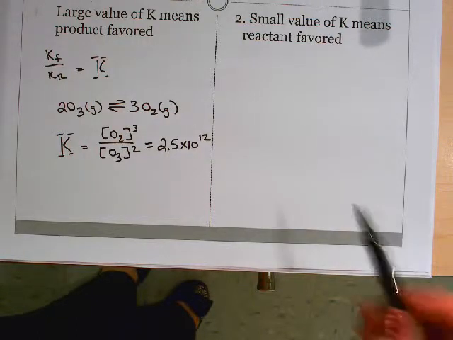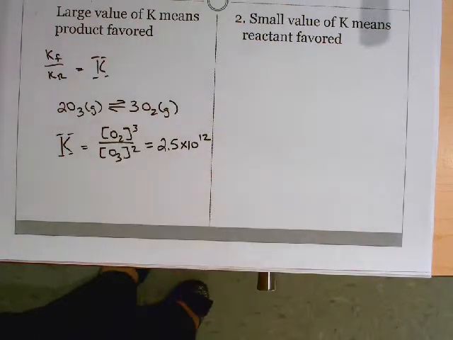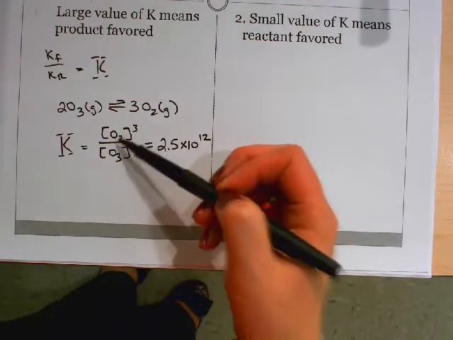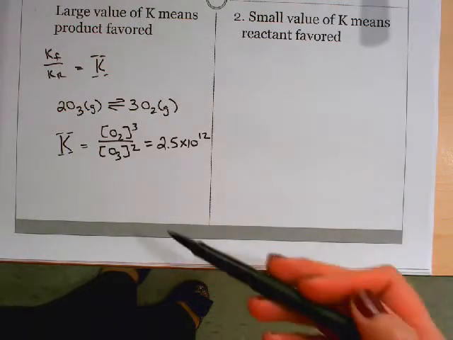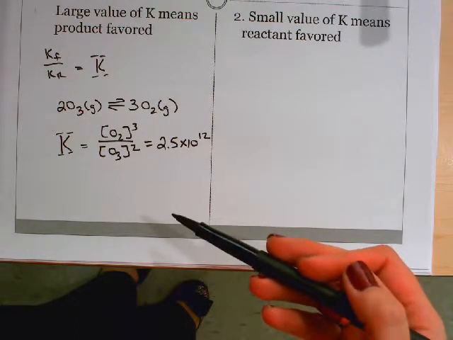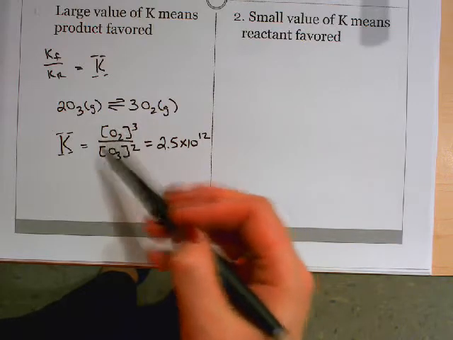Which is bigger, the numerator or the denominator? Right, the numerator has to be bigger to have a gigantic number, right? Bigger than 1. A little bit bigger than 1, like factor of 12 bigger than 1. Really, really big.